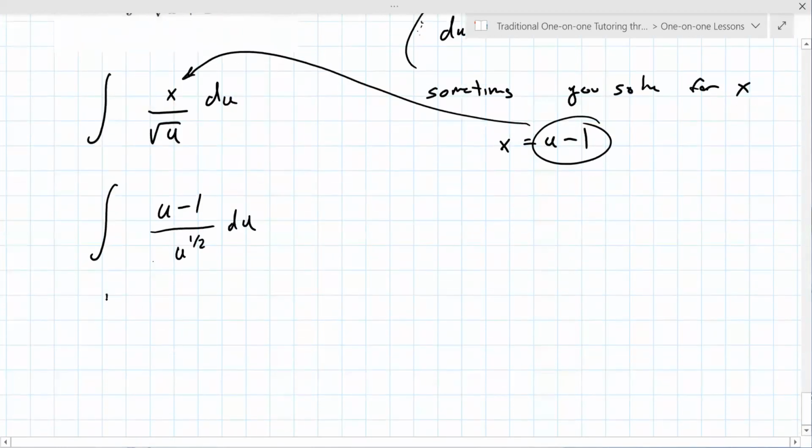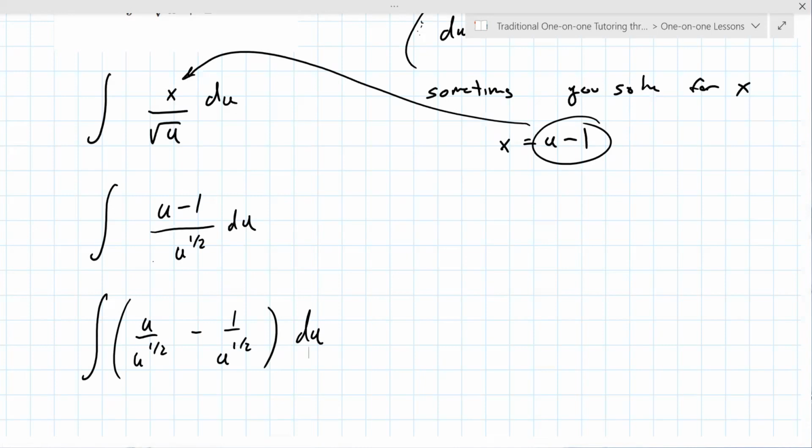So it becomes u over u to the 1/2 minus 1 over u to the 1/2 du. That's important to see, because it is not a hard problem. It's just doing that extra step that you wouldn't usually think to do.